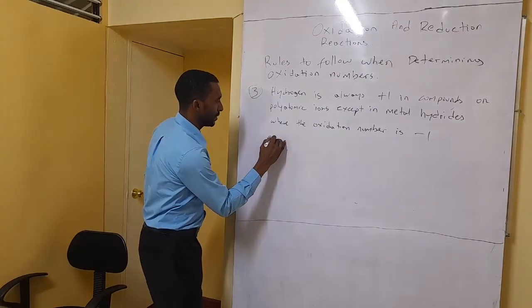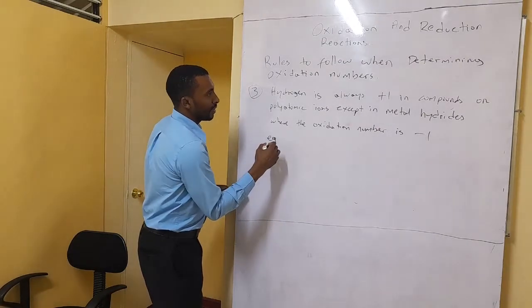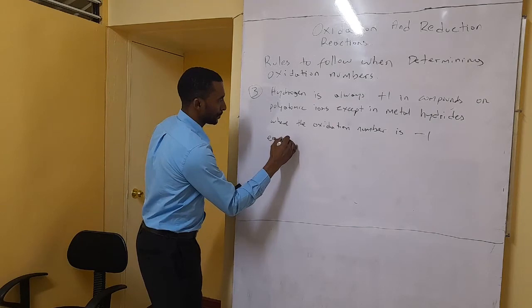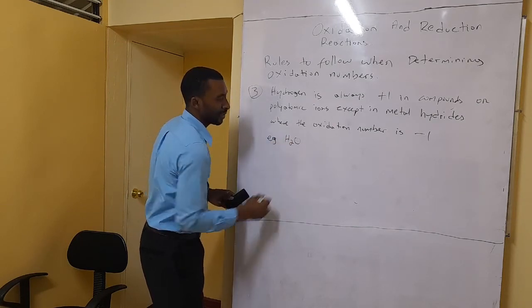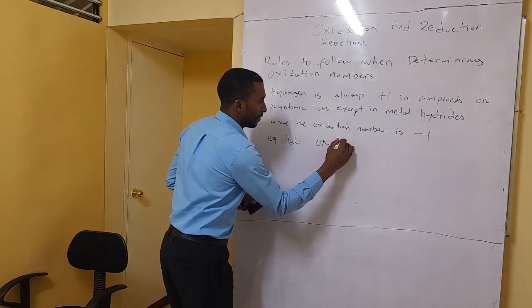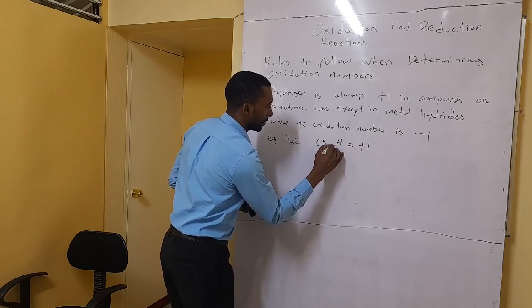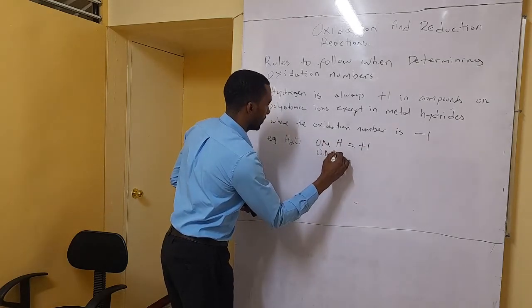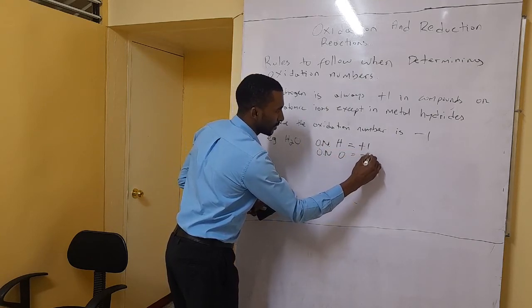So, examples here. If we have water, a popular compound, the oxidation state of hydrogen is +1 and the oxidation state of oxygen is -2.